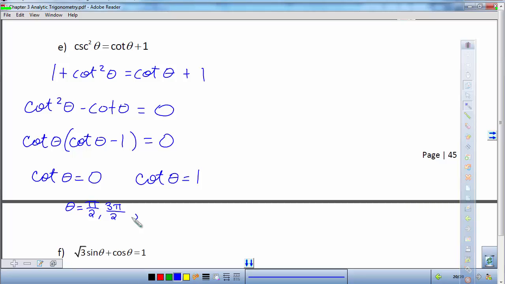Not 2 pi. Pi over 4 and 5 pi over 4. Am I right? Yes, right? So these would be our solutions. Questions about this? Okay, good.